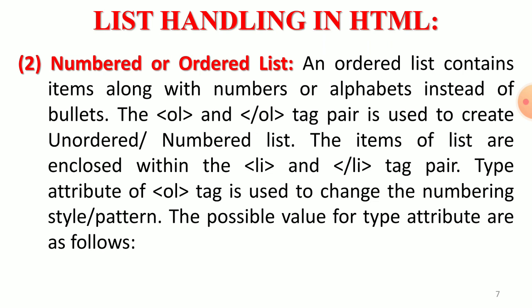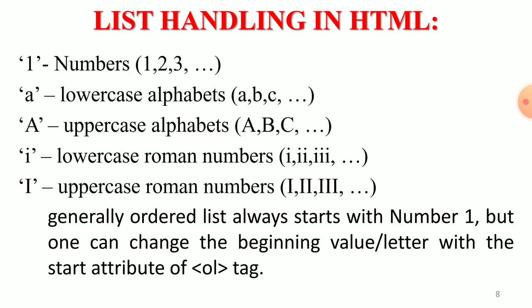OL type equals to 1, that means numbers 1, 2, 3, and so on. OL type equals to small a, that means lowercase alphabet starting with a, b, c, and so on, as per your list.